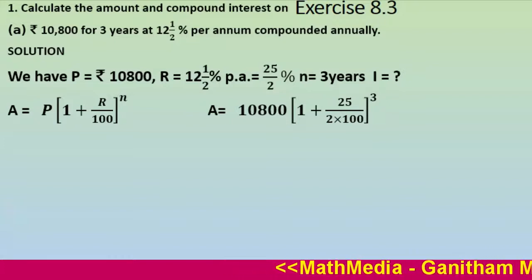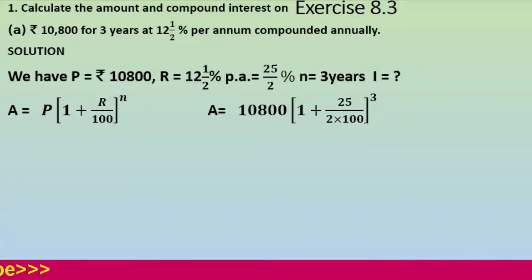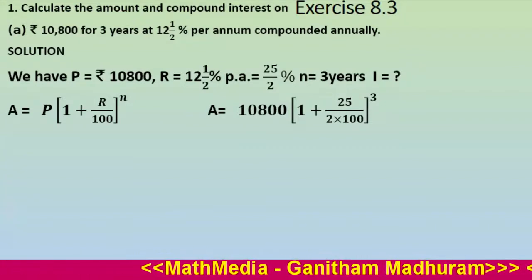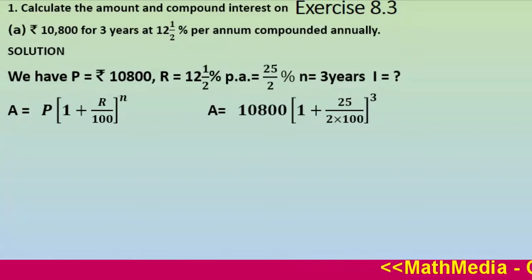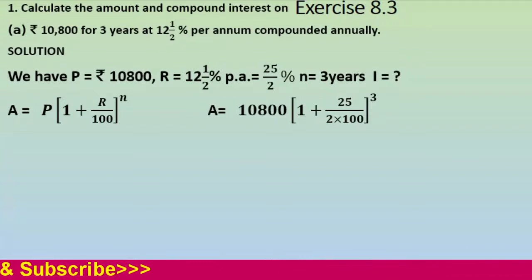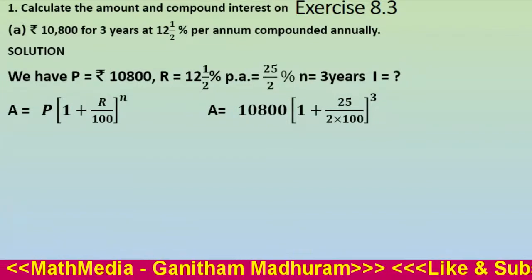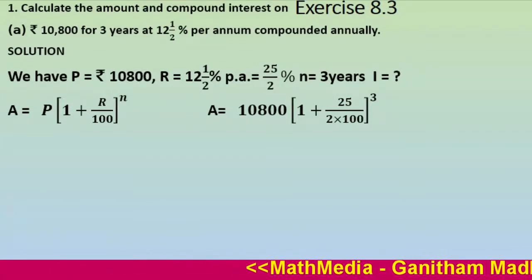So we get A equal to 10,800 into (1 plus 25 upon 2 into 1 upon 100) whole raised to 3.